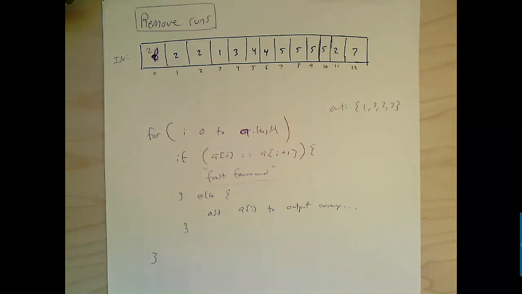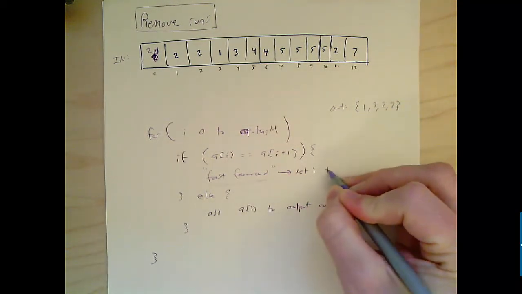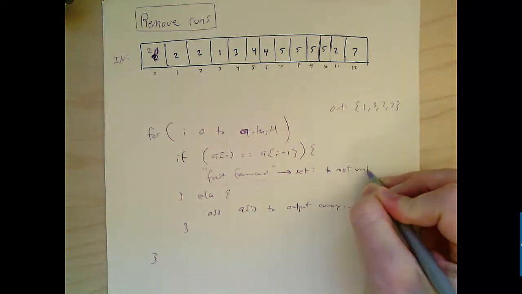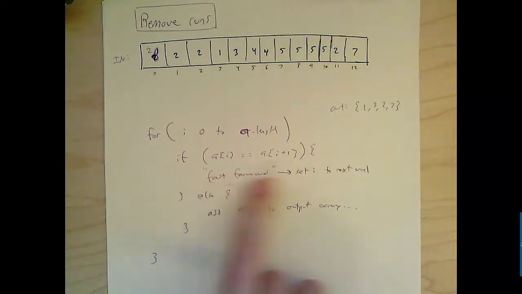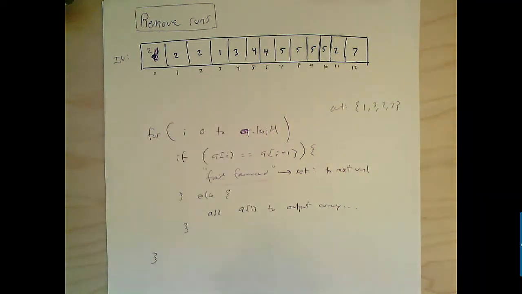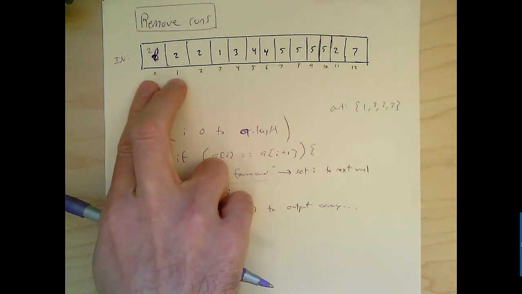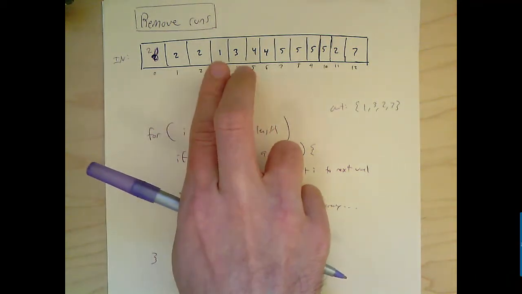Okay, so fast forwarding is going to involve setting i, because i is our loop counter. It's going to set i to whatever the location of the next value is. So here I see 2 adjacent elements that are the same. I'm going to fast forward i until it gets to location 3.